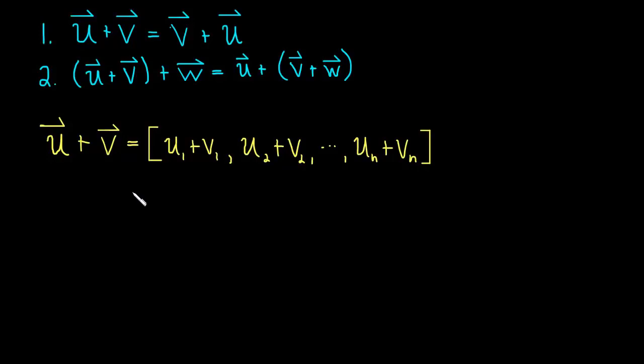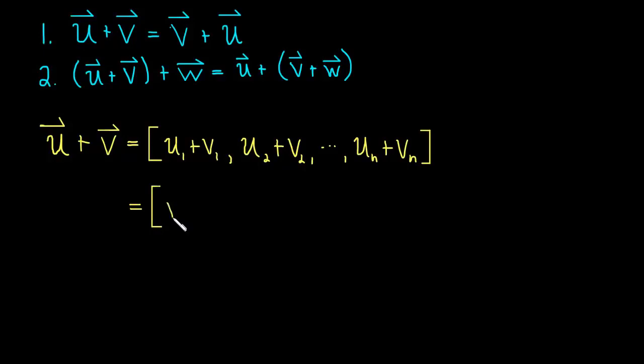Okay, well, remember, these are real numbers. The components of vectors in Rn are real numbers. And so we can use the commutative property of addition of real numbers to switch those around.